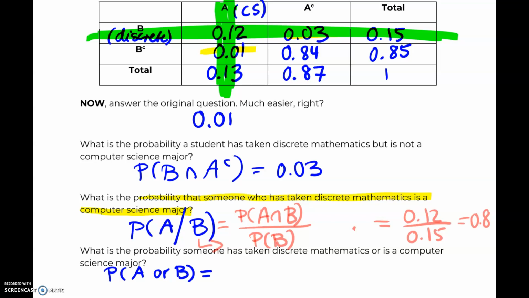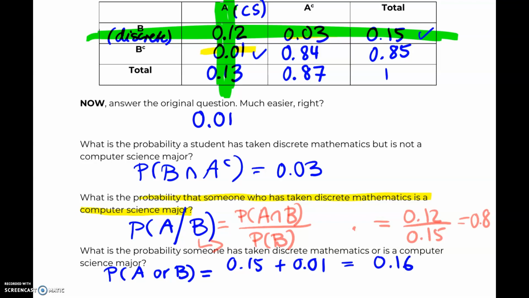By either taking the discrete total and then adding the computer science one, or do we want to use the marginal probabilities and subtract out the duplicates? Either way, whether I take the total of the discrete ones, which is the 0.15, and then add what I have not counted yet, which is the computer science majors that haven't taken discrete course, that would be one way to find the probability.